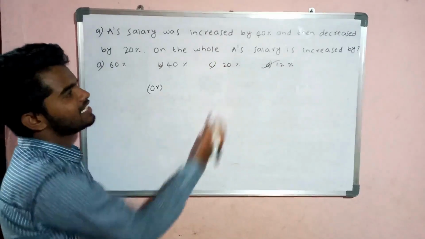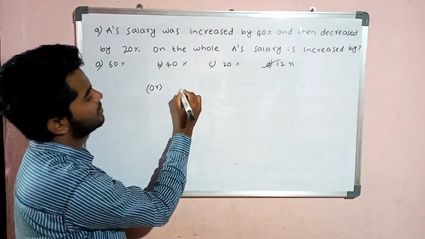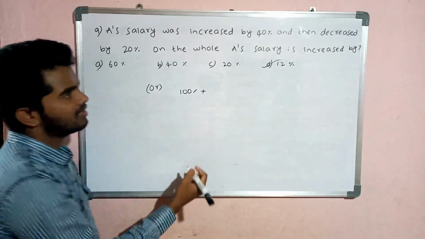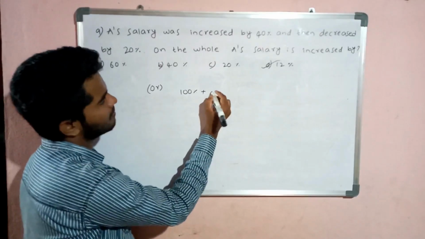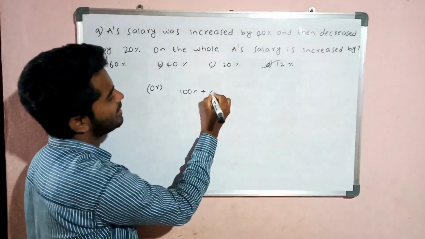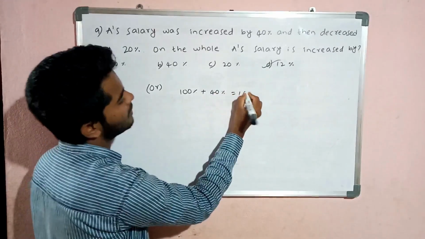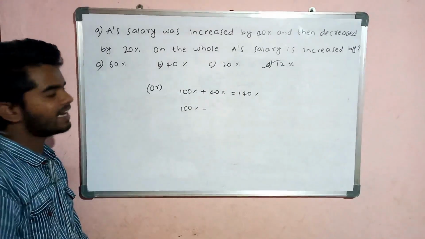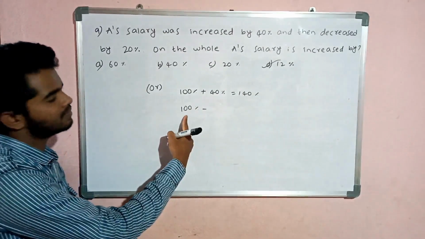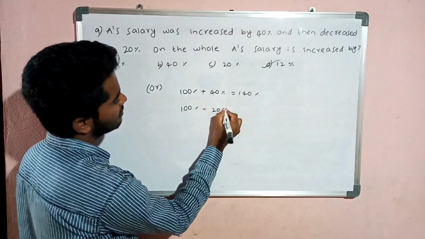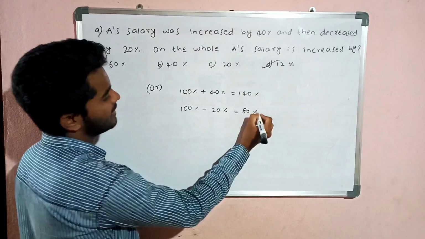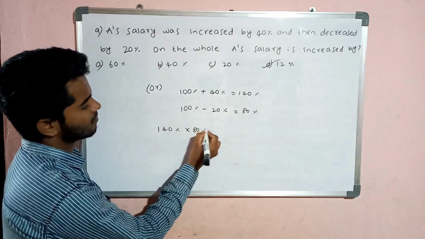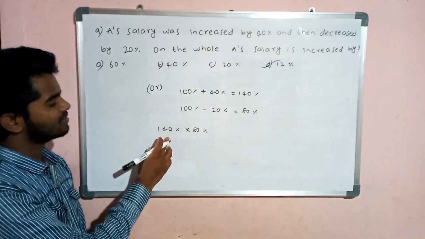Or, A's salary was increased by 40%: 100% plus 40% equals 140%, since increase is positive. And the next decrease is negative, so subtract 20% from 100%, which is 80%. 140% into 80%.